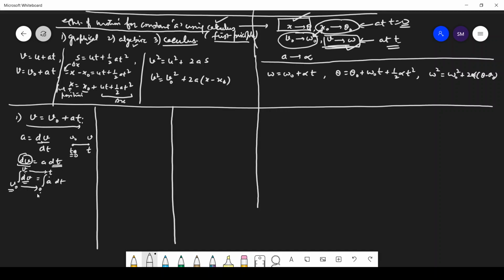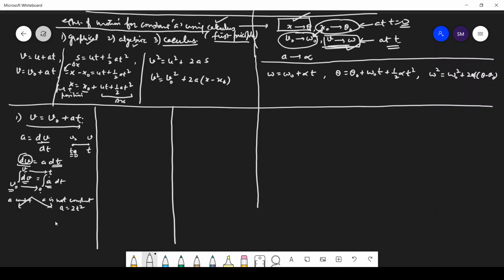And acceleration is constant. So from here we have two ways. One, acceleration is constant, and another, acceleration is not constant. If acceleration is not constant, suppose acceleration depends on t, so you will write acceleration as, say, 2t square.